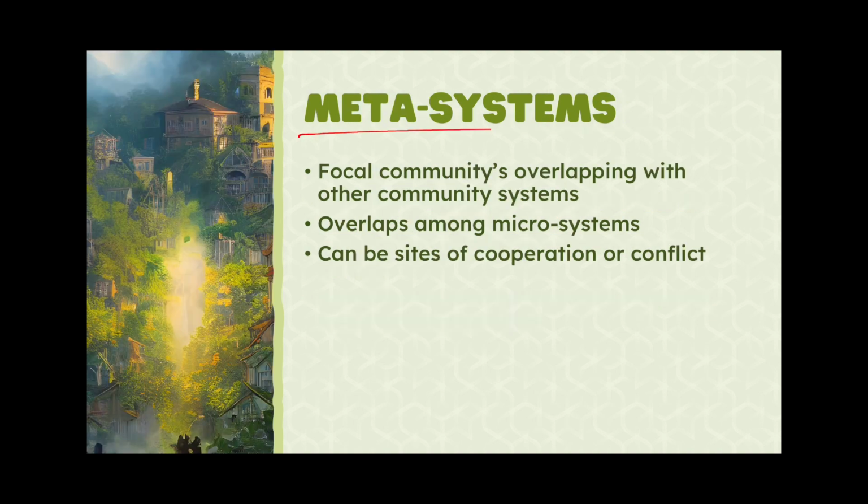And then you have your meta-systems, and meta-systems is the focal community overlapping with other community systems. So for example, Barangay A is overlapping with Barangay B. In the Cavite City experience, for example, you have a parish, and that parish usually services like 3 or 5 barangays. And so that parish is the overlap of the meta systems.